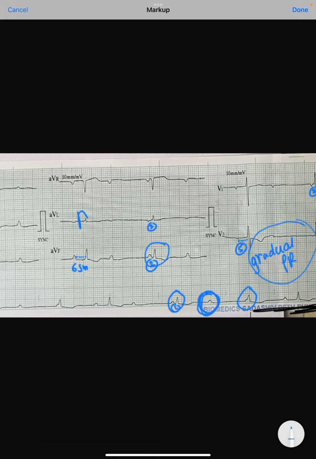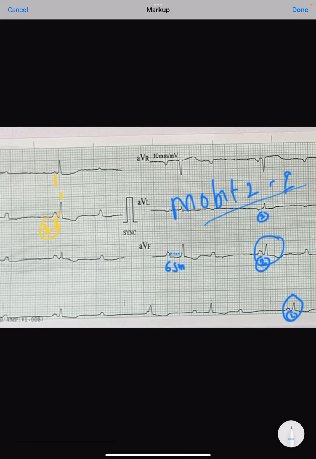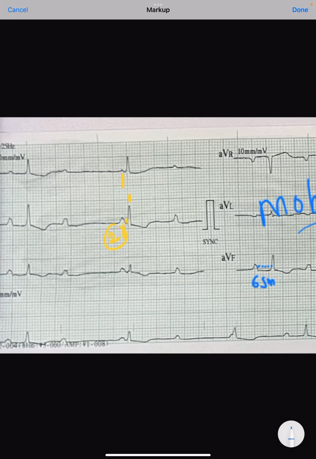In Mobitz 1 we have a gradual prolongation of PR. Here there is no gradual prolongation, there is a sudden drop in QRS. Like here also there is a sudden drop. See, this also has a PR of hardly 2 to 3 millimeters, and there is a direct drop of QRS. The QRS is not there at all. See here, there are only two small boxes and the QRS is directly dropped.